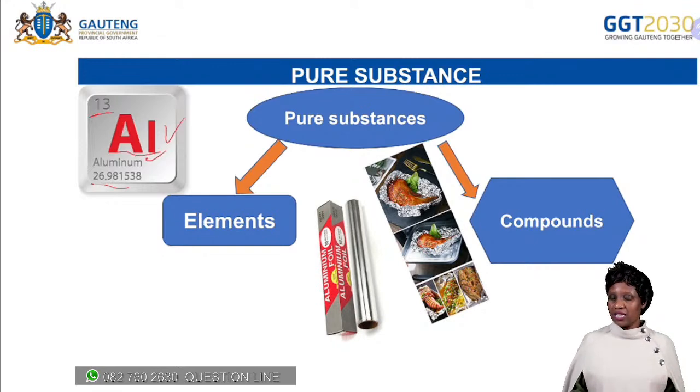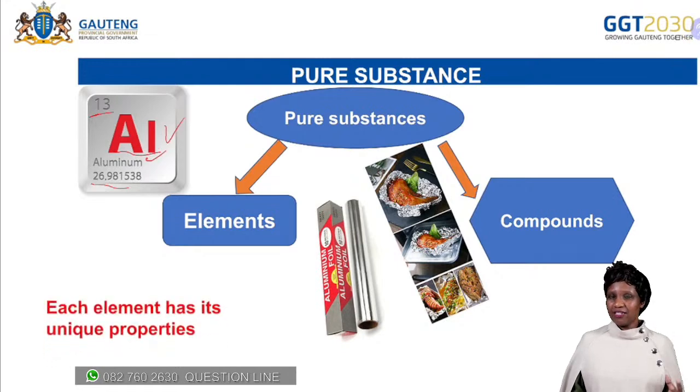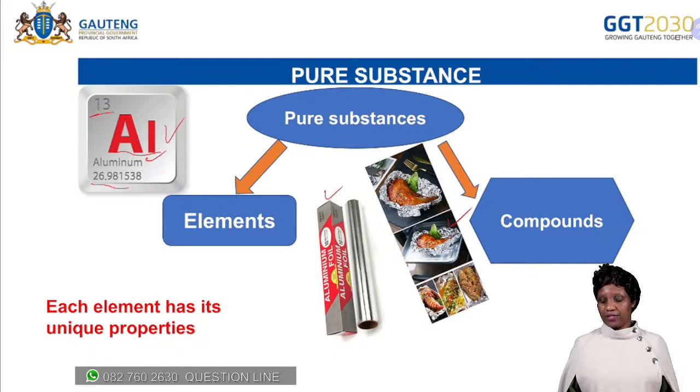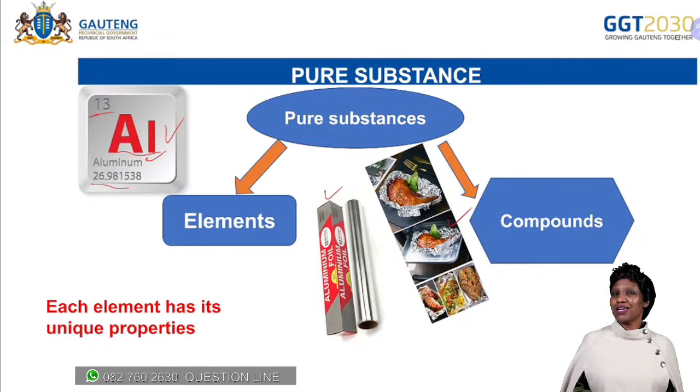And then what do we get from aluminium? We can make different items from aluminium. For example, we've got aluminium foil, which we use to cover food. If you want to keep your food warm, you can cover using aluminium. If you want to keep it hot, you can also cover using aluminium. Do you get it?